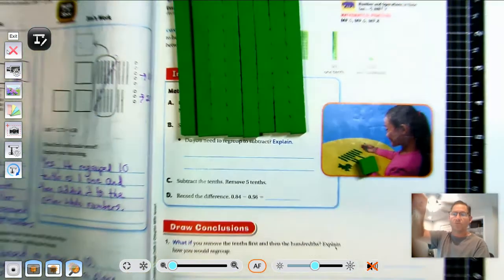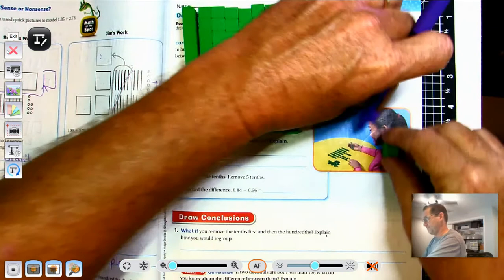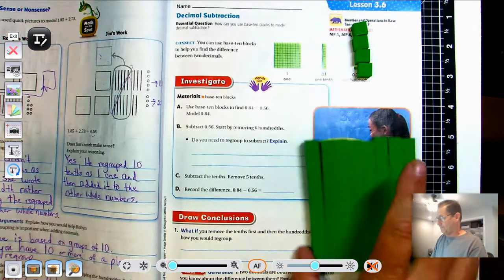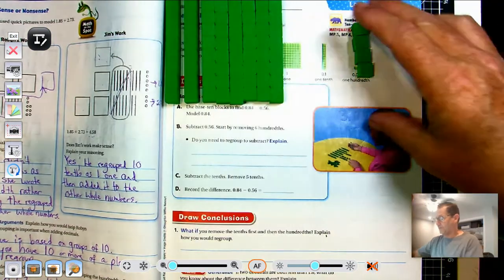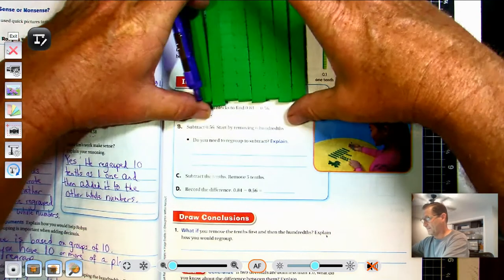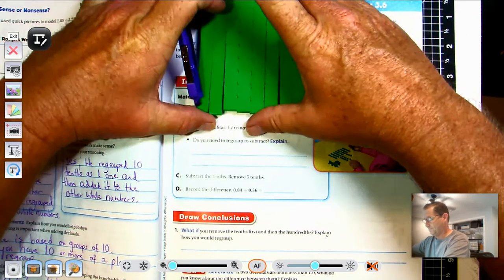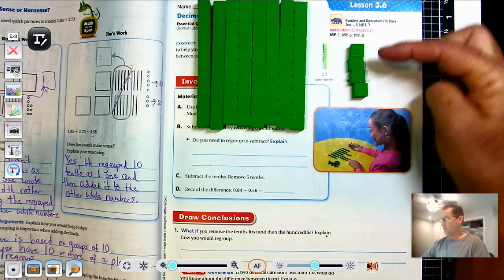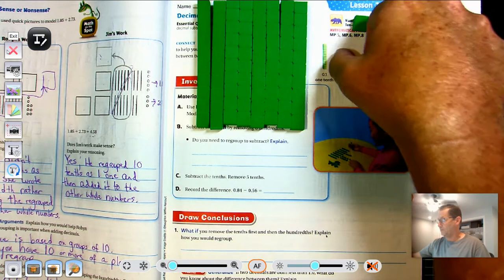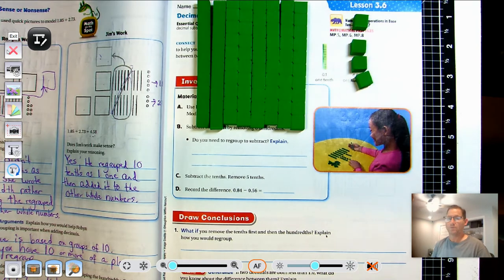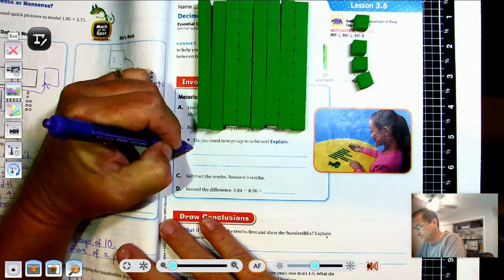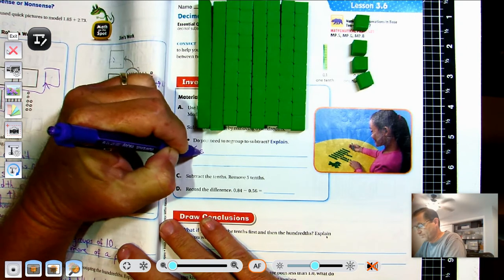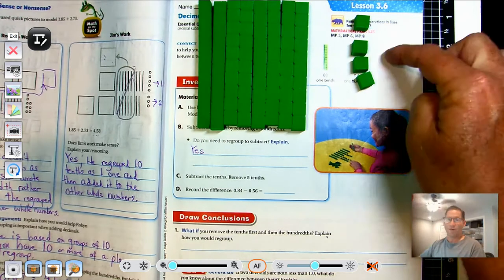Will we need to regroup if we subtract 56 hundredths? Well, can you take away 6 hundredths? 1, 2, 3, 4. No, I can't, right? So yeah, we're going to have to regroup. So how can we get more hundredths?